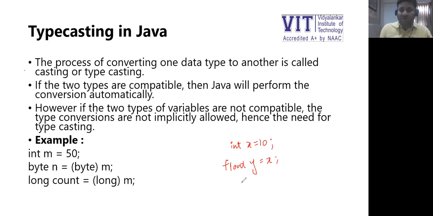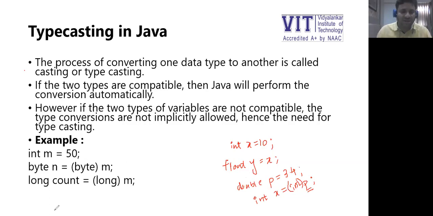But the other way around, if there is something like double p equal to 3.4, and I want to assign it to some int x, I simply cannot write it like this ideally, because there is a conversion from higher type to lower type. So I need to typecast it using a cast operator. It's like p converted into integer and then assigned to x. This is how it goes.